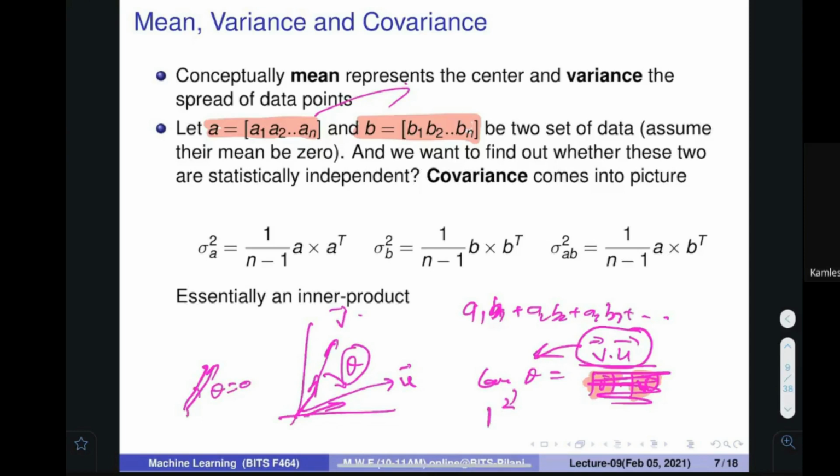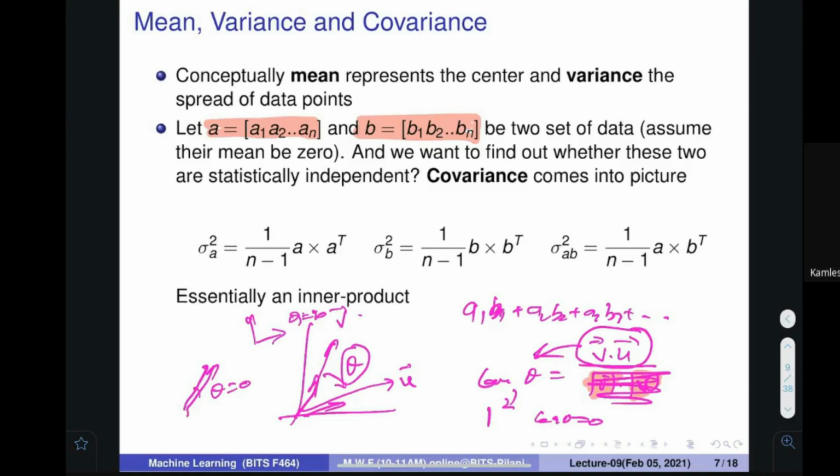When theta is 90 degrees, one vector here and another vector here, then cos 90 becomes 0. So when two vectors are pointing in a similar direction, the value is going to be 1. Otherwise the value is going to be 0.